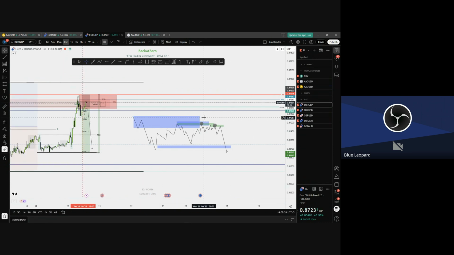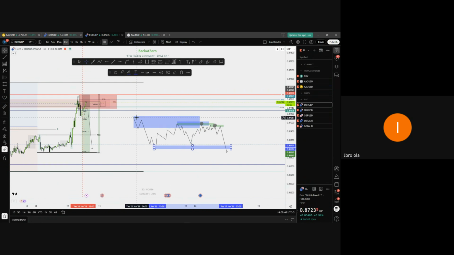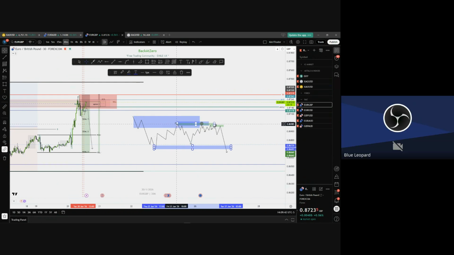That's all. H4, M30, M5, M5. Two options. It could be H1, M15, M1, M1. Okay? It could be weekly, H4, H1, H1. You see the top-down analysis.